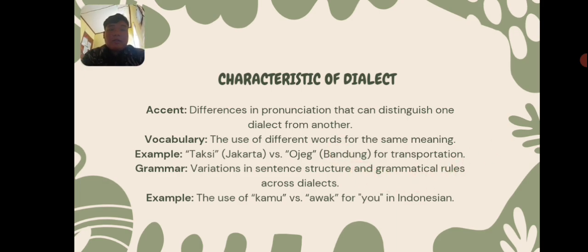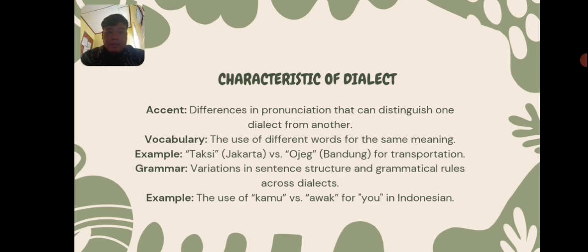The characteristics of dialect: the first is accent. What is accent? It is a difference in pronunciation that can distinguish one dialect from another. Second is vocabulary, the use of different words for the same meaning.